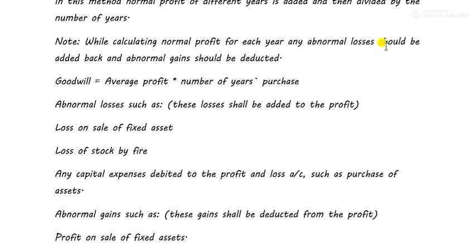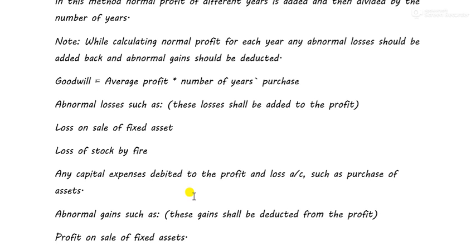Loss on sale of fixed asset is an abnormal loss, as are any capital expenses debited to the profit and loss account, such as the purchase of assets. Loss on sale of fixed asset means, suppose I purchased an asset for 5 lakhs, which was supposed to run 10 years.